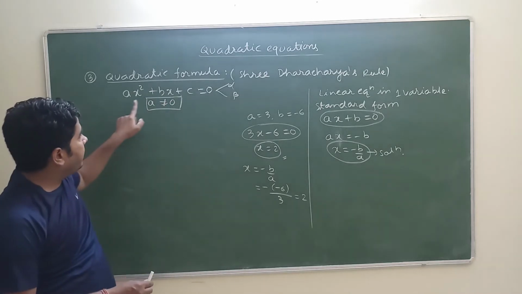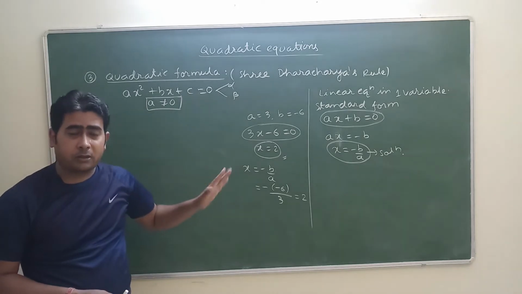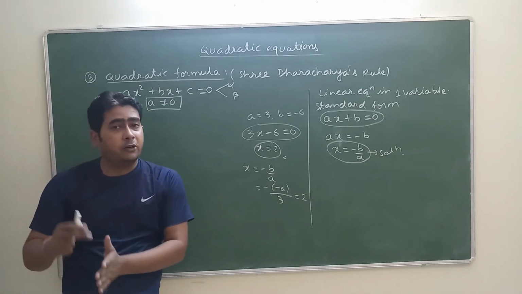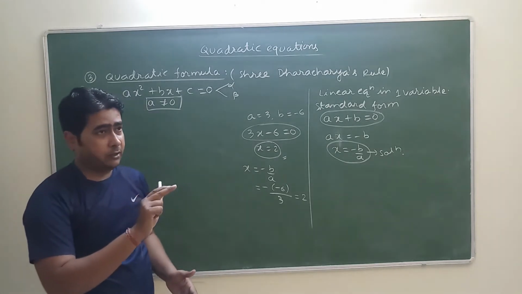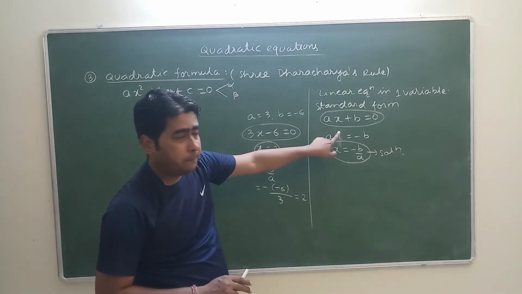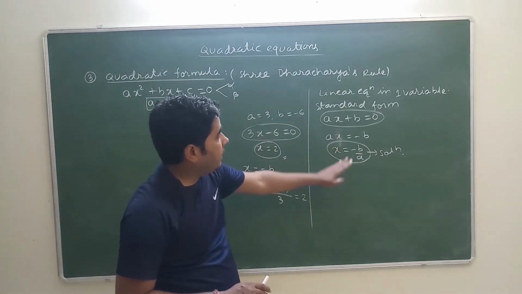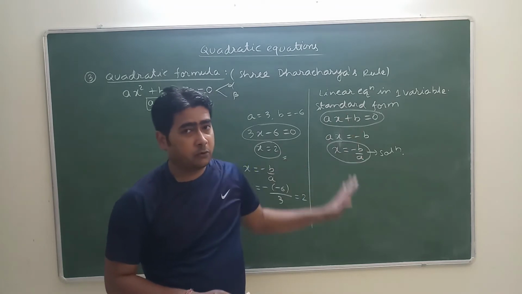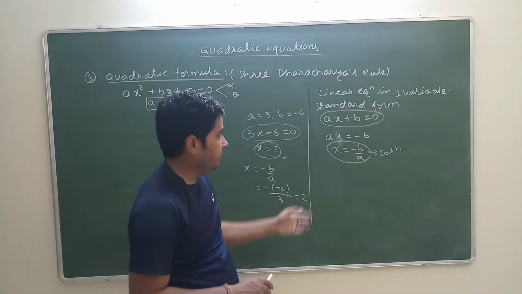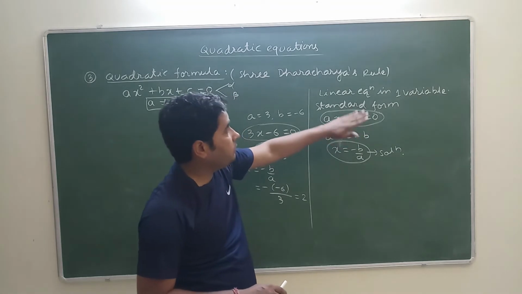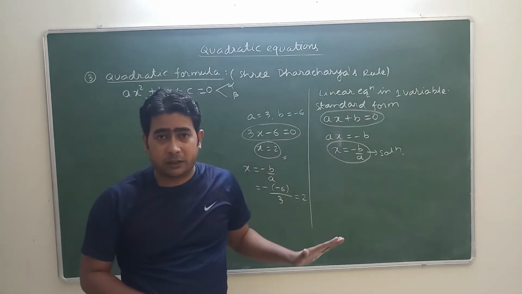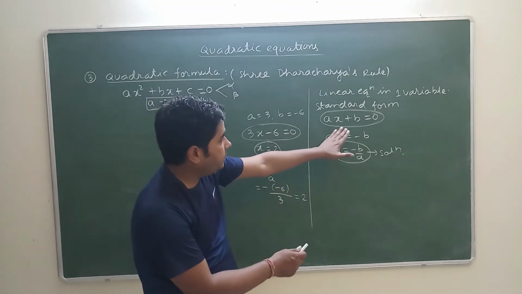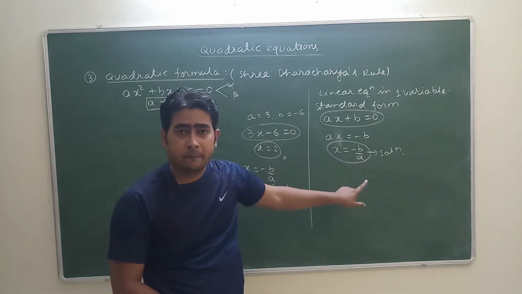Since we do not have a, b, c values, the value of x will come in terms of the constants given in the equation. Here also, the value of x is coming in terms of the constants given in the question. a and b are the constants given in the question. So we have got the value of x in terms of the given constants.